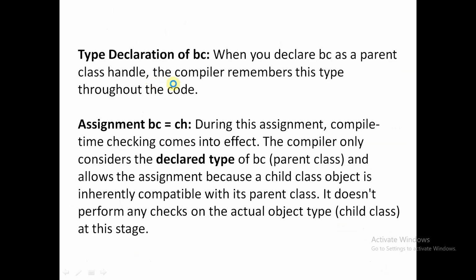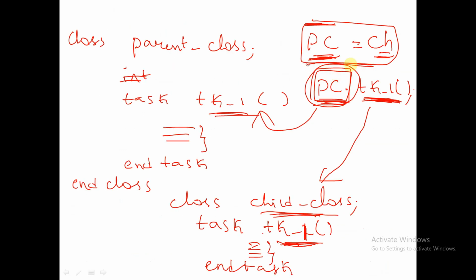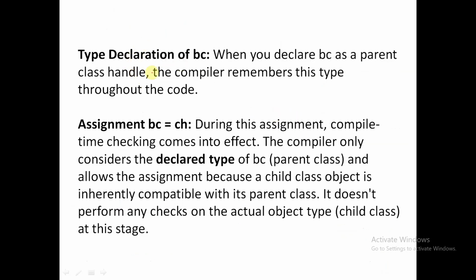Now how this is affecting these function calls, you will see here. In this case, let's say this is the parent class handle and this is the child class handle. So the type declaration of PC.